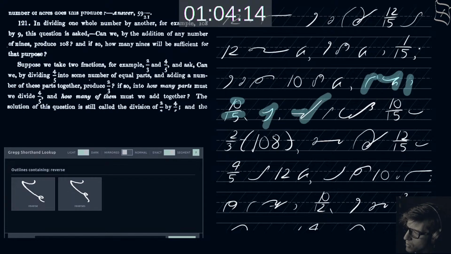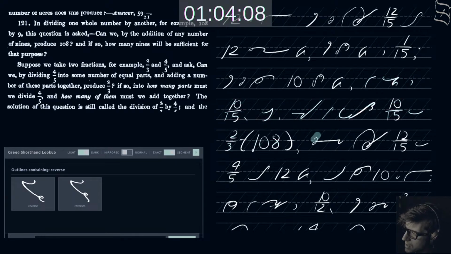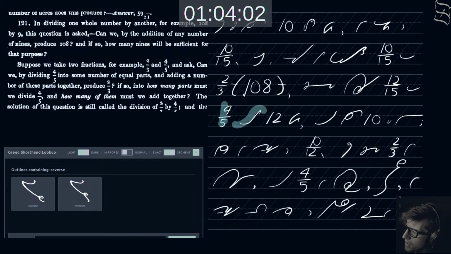Therefore, in order to produce 10/15 or 2/3, according to Article 108, we must divide 12/15 or 4/5 into 12 parts and take 10 of them. That is, the quotient is 10/12.